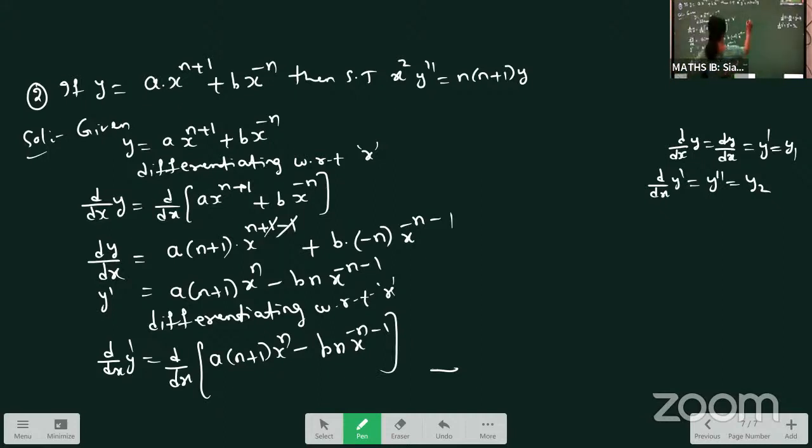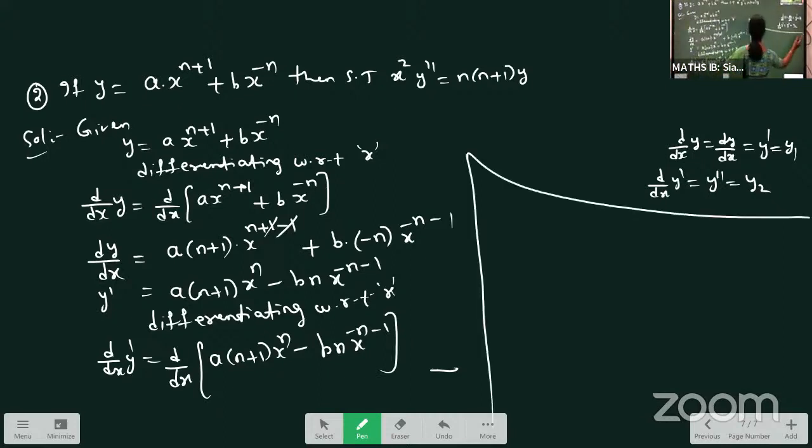The differentiation of this particular part, d by dx of y dash, can be written as y double dash, is equal to a as it is, n plus 1 as it is, x to the power n derivative, n will come as a multiple and subtract 1 from the power, n into x to the power n minus 1. Next, minus b n as it is, x to the power minus n minus 1 derivative, minus n minus 1 as a multiple, x to the power, subtracting 1 from the power.